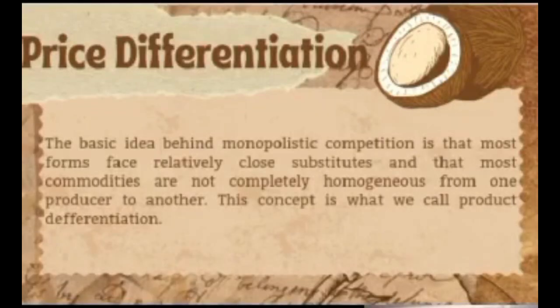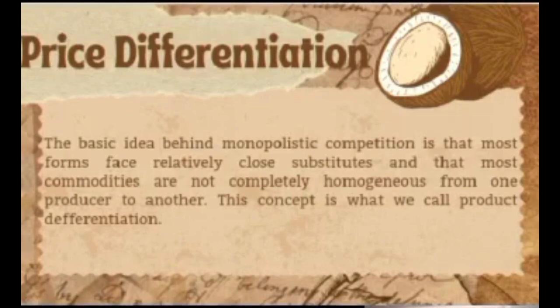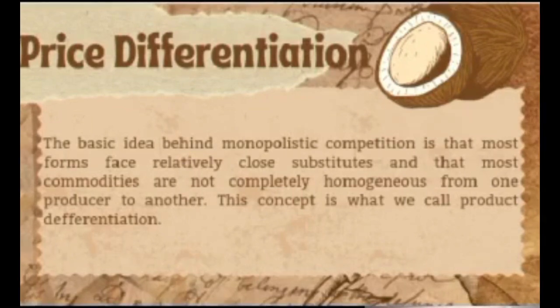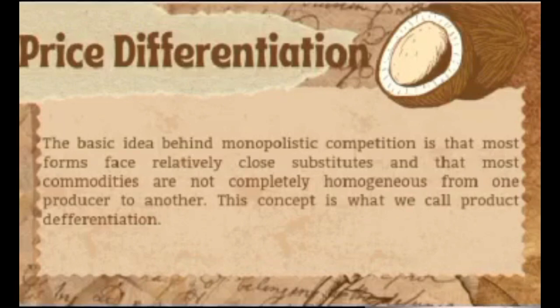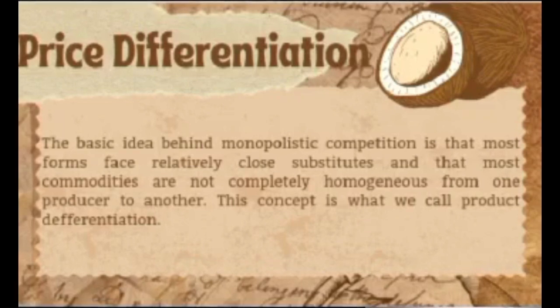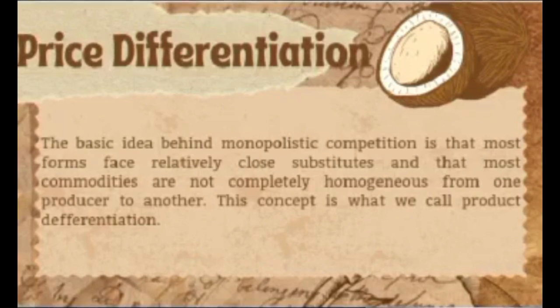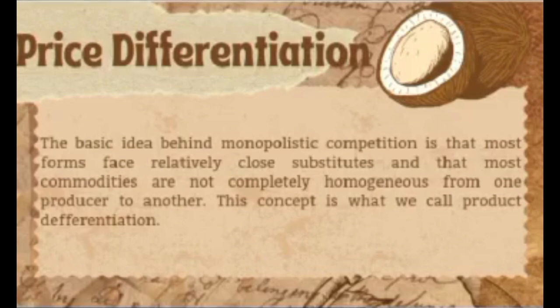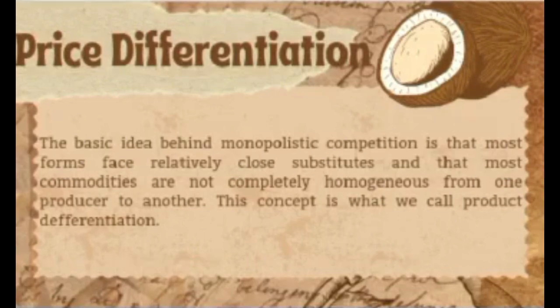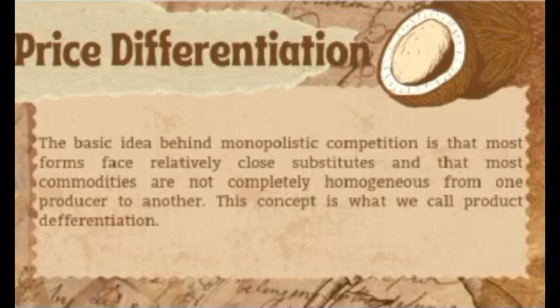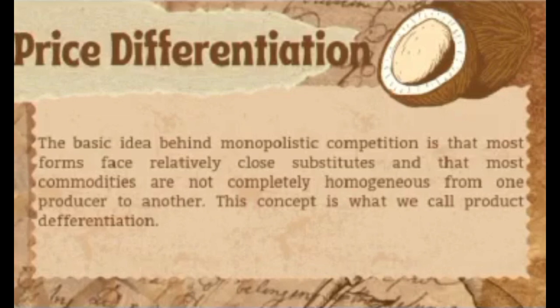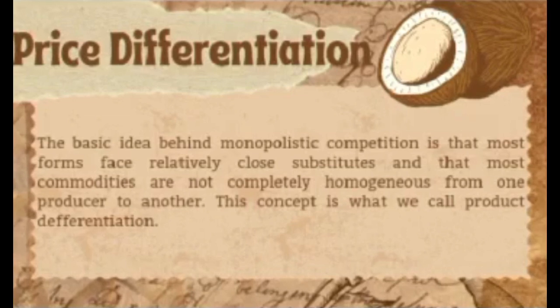The next one is product differentiation. The basic idea behind monopolistic competition is that most firms face relatively close substitutes and that most commodities are not completely homogeneous from one producer.